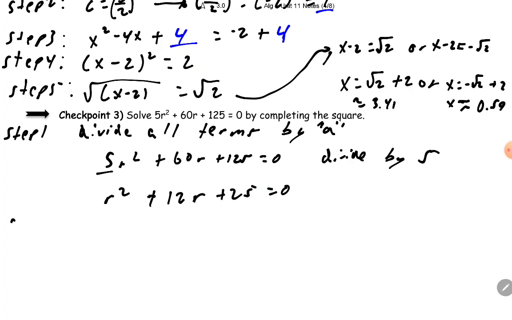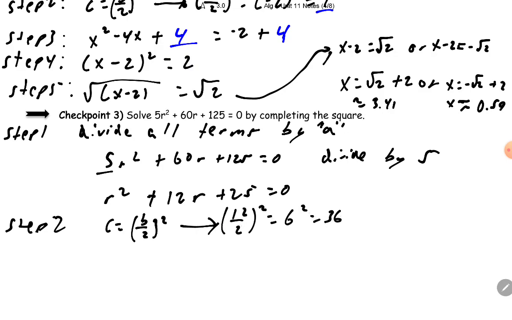Okay, we're going to find our c value, which is 12 divided by 2 squared, which is 6 squared, which is 36. Okay, step 3. Add c to both sides.